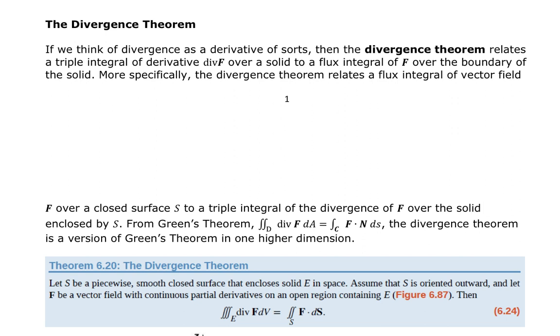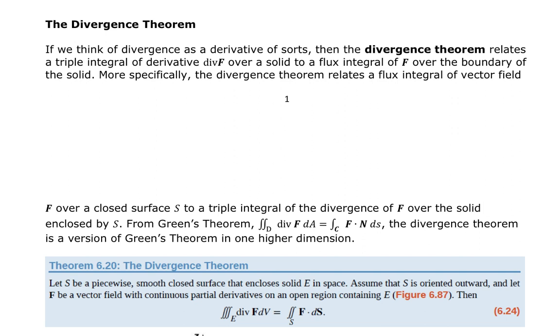And so what is the divergence theorem? Well, the divergence theorem basically says that I can go up to three-space or higher, or I can go down to two dimensions. It just depends on what is the most appropriate thing to do.